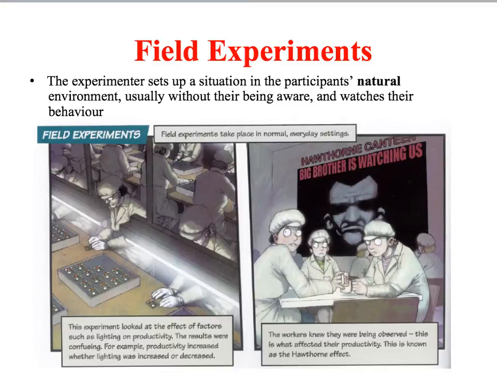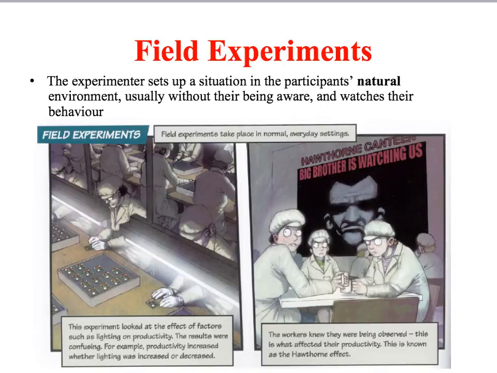Because of the numerous problems that I've highlighted, when sociologists do choose to carry out experiments, they're normally outside of a laboratory. And such experiments are known as field experiments, and they involve the sociologists intervening in the social world in such a way that hypotheses can be tested by isolating particular variables.